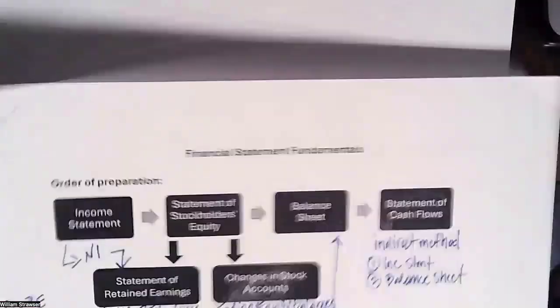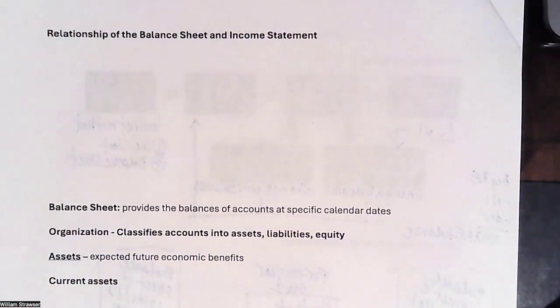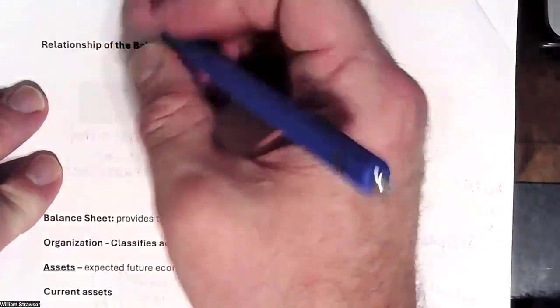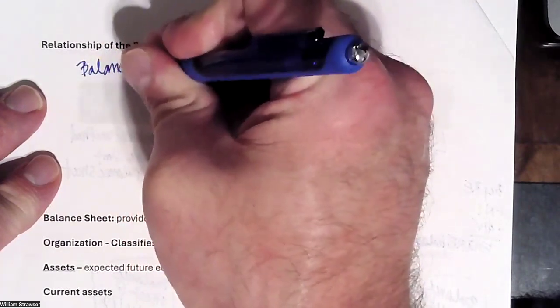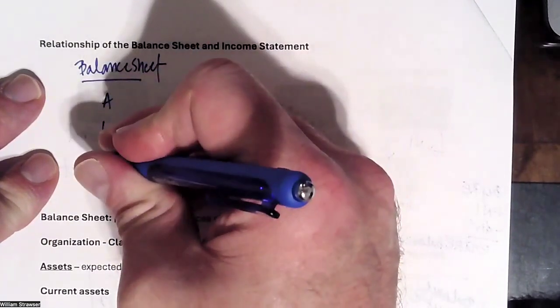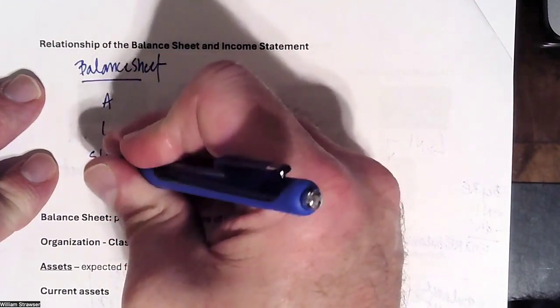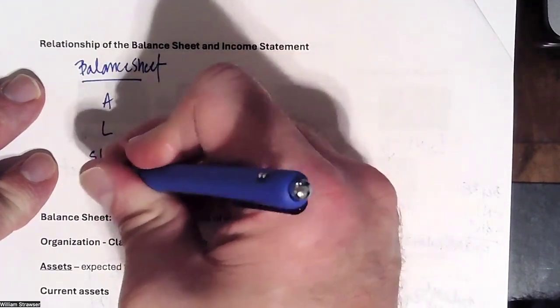Now, there is a little bit more of an intricate relationship between the balance sheet and the income statement. The balance sheet and the income statement are very closely related. So again, just thinking of a balance sheet, that balance sheet has, of course, assets and liabilities, and it has equity. I'll break it out into stock accounts: common, preferred, APIC, and retained earnings.